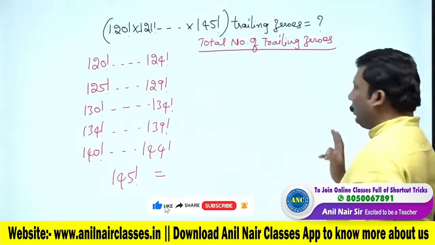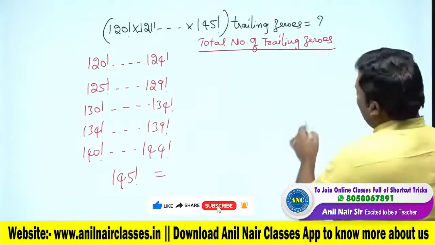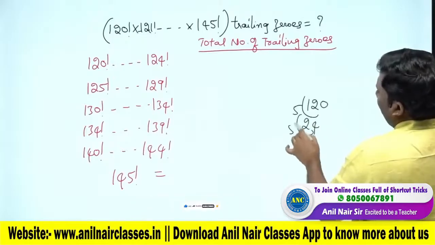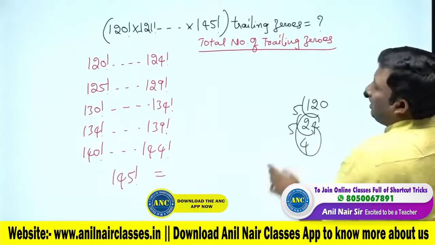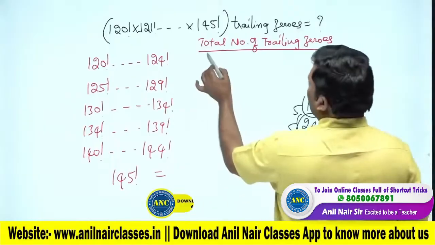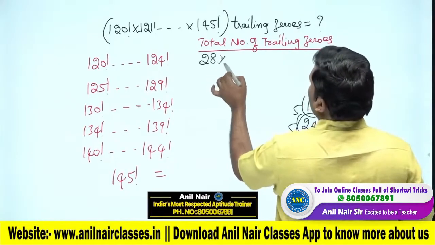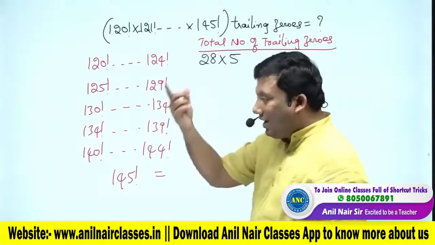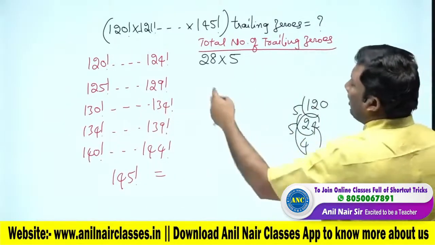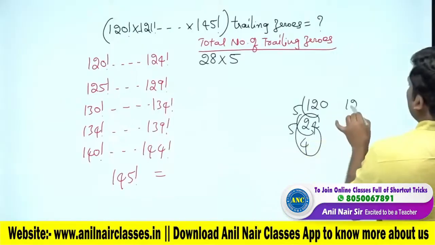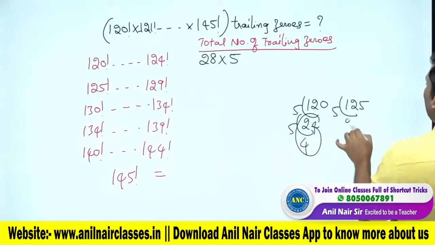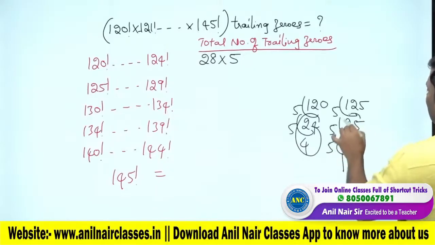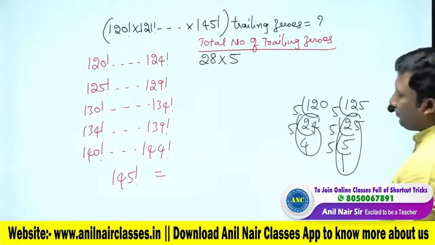120 to 124. First we will do for 120. It is the same. 5 24s are 120, 5 4s are 20. 24 plus 4, 28. 28, I got it for 5 numbers. But 125 is a power of 5. 125 is 5 cube, so the number will not be in sequential order. 5 25s are, 5 5s are, 5 1s are, 25.